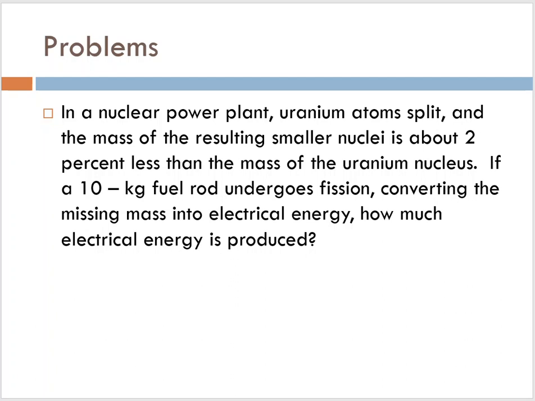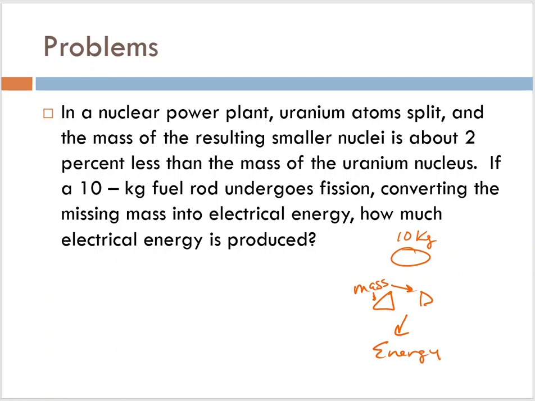When fission happens, we've got this mass, this nucleus, and it splits. Here it's splitting, and it's probably not a very good picture. There was 10 kilograms of nuclei here. When it splits, there's a third component that's released: we have mass and energy.